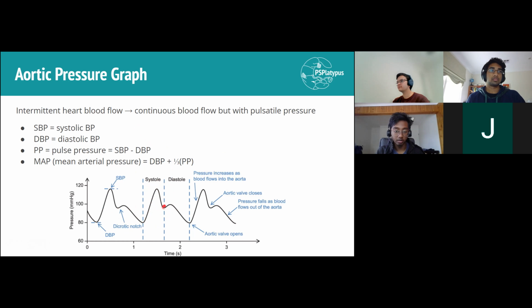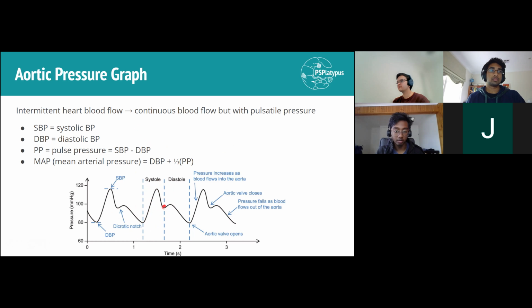As diastole happens and there's less force pushing the blood out, slowly the pressure is going to drop until eventually systole starts again. The base, the lowest point, is what we call our diastolic blood pressure. So the peak is systolic and the base is diastolic. When you take blood pressure readings, we take two numbers.